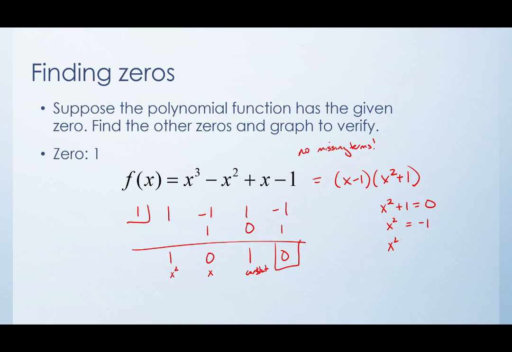And then, of course, we get x, and remember when we take the square root of a number, we are going to have positive or negative, and the square root of negative 1 is i. So there we have our other 2 zeros. So i and negative i are the 2 other roots or zeros.